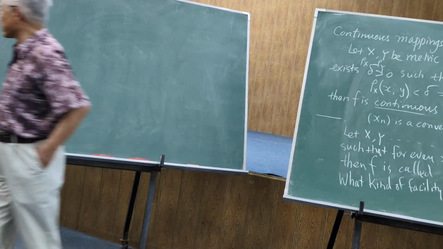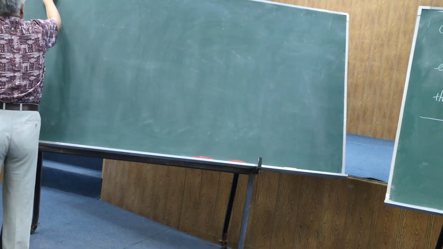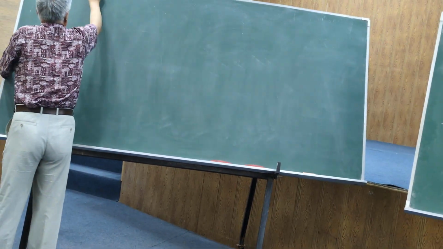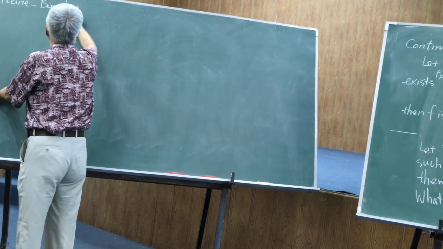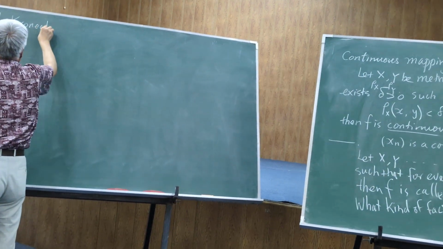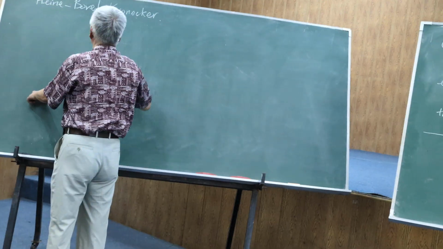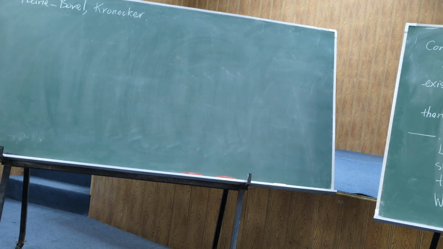So the next one is Heine-Borel, also Kronecker. Kronecker was early. The years are in the slide. It says a continuous mapping from a compact space is uniformly continuous.